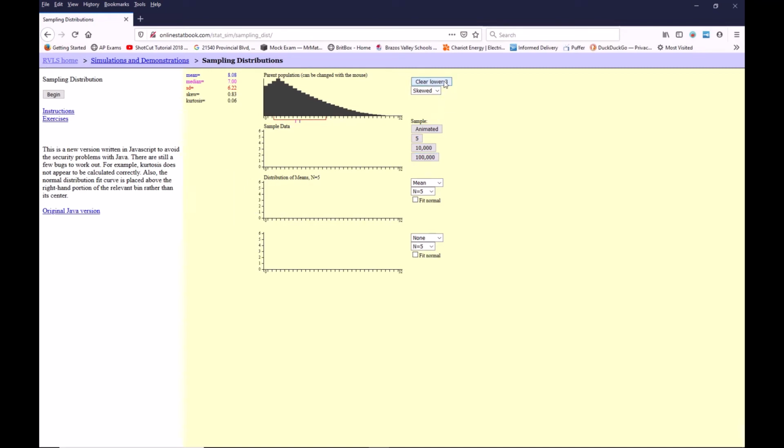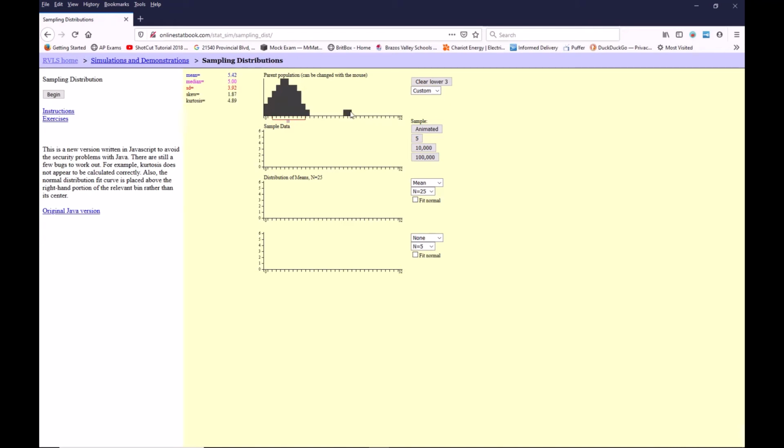If I go to a sample of size 25, which is close to 30, that's nearly normal. There's your central limit theorem at work. With big enough sample sizes, it doesn't matter what your population looks like, you're going to get something that's nearly normal to do normal calculations on.